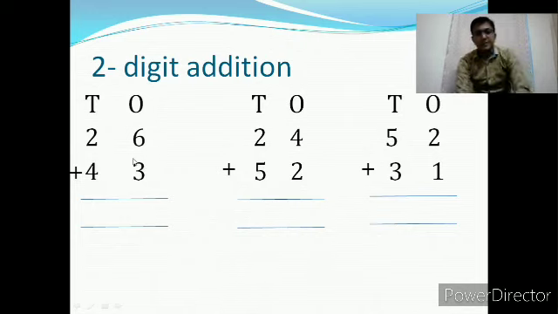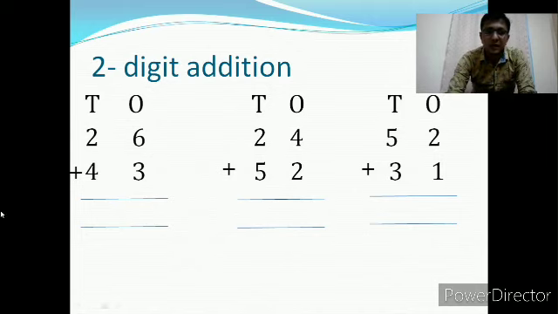Let us add them. Whenever you add numbers, we have to add from the ones place. We should start adding the digits from the ones place. 6 and 3. Already we have added these in the previous example, the balls example. When we add, what is the result? 6 and 3 is going to be 9.